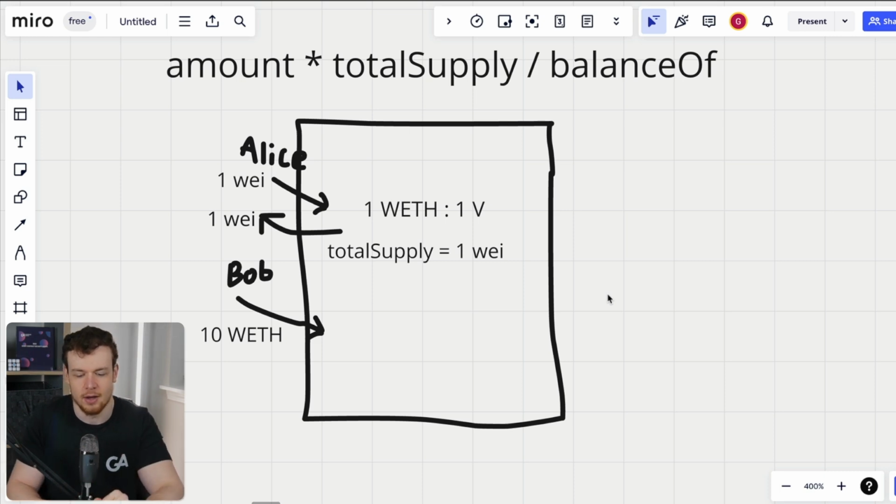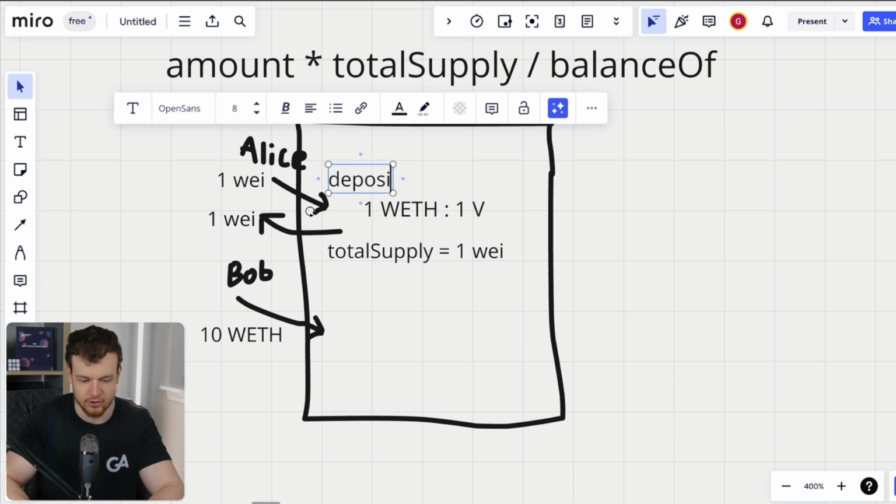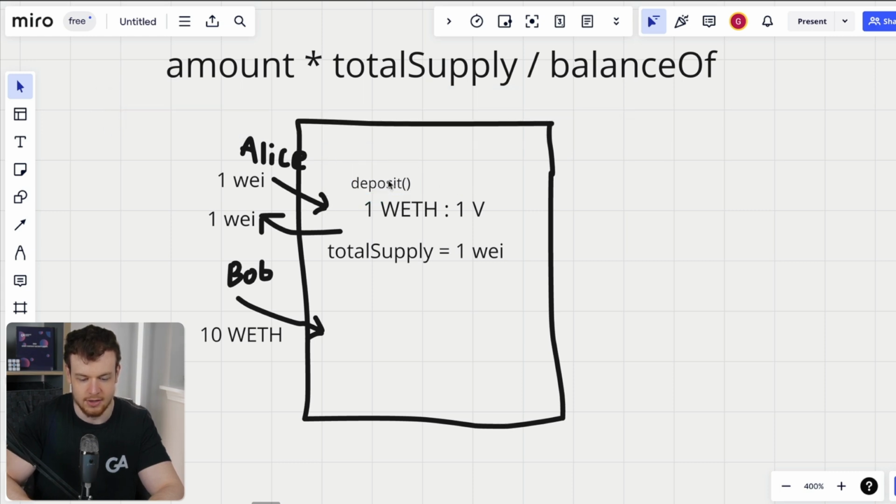But here's what she's going to do. She's going to send wrapped ether directly to the contract. So she only put in 1 wei of wrapped ether, and she actually called the deposit function. But now instead of calling the deposit function to deposit this additional amount of wrapped ether, she's going to transfer it to this contract address directly.